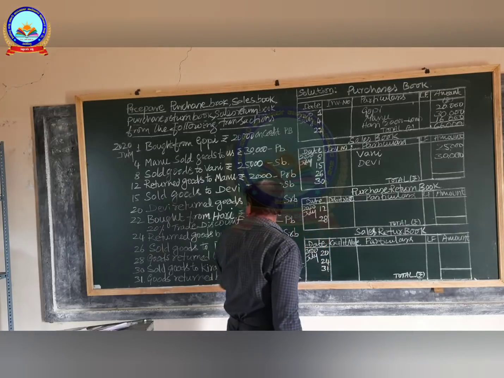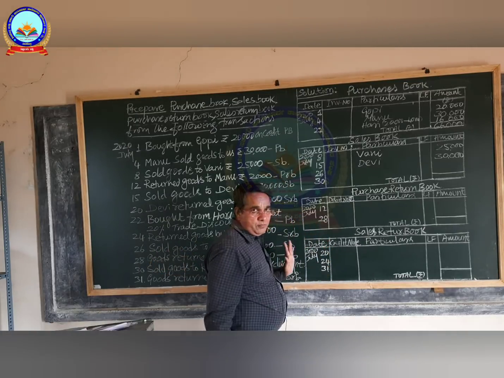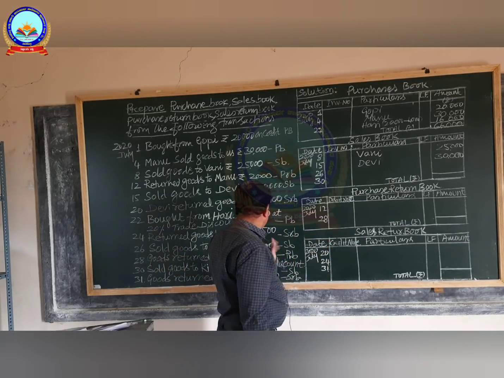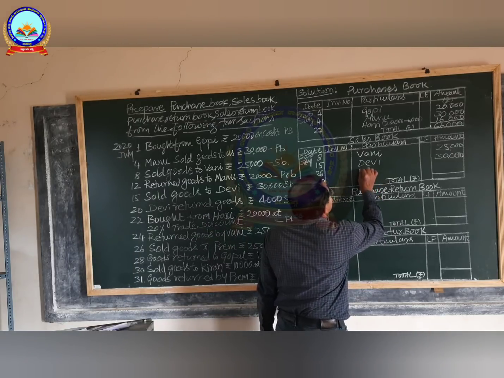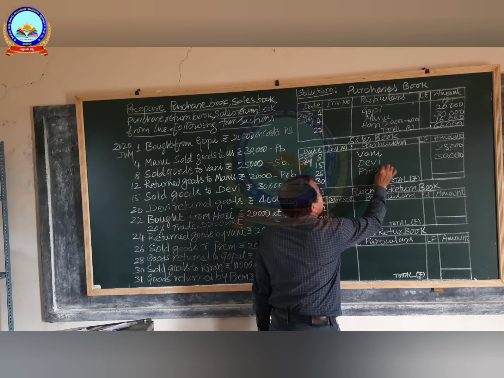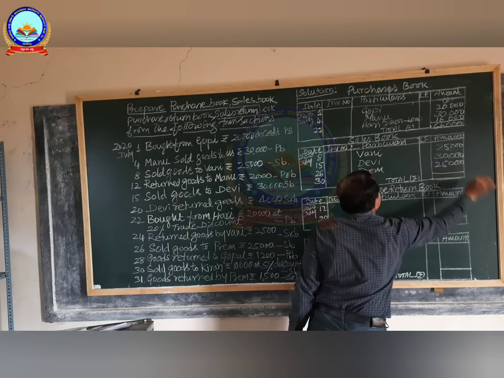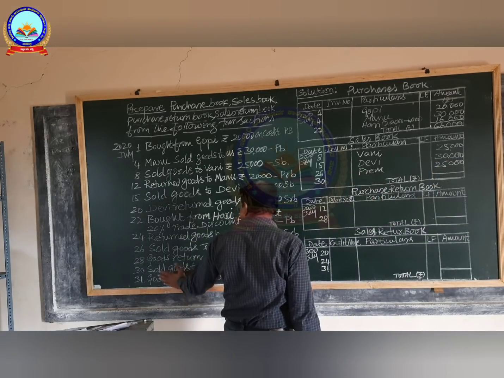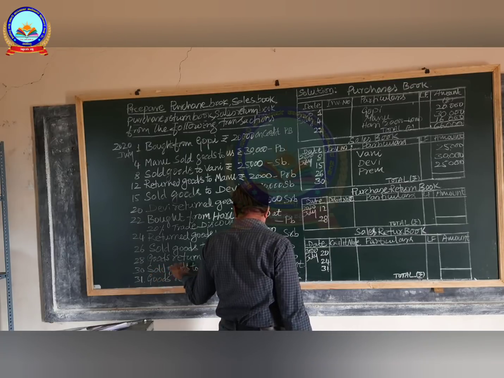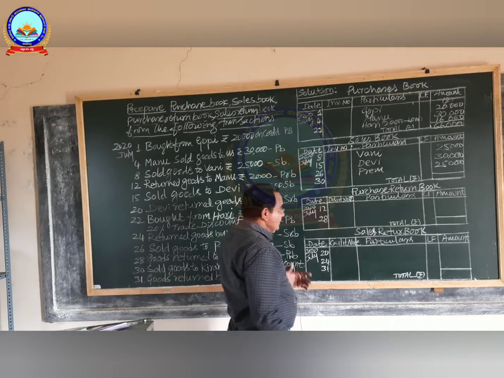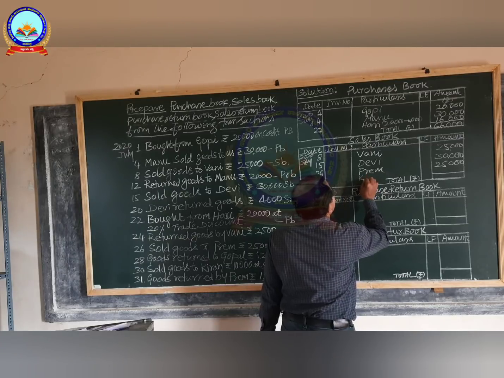Then on 26th, sold goods to Prem, rupees 25,000. Write the name of the customer, Prem, and the amount, rupees 25,000. And on 30th, goods sold to Kiran at 5% discount. Write the name of the customer, Kiran.